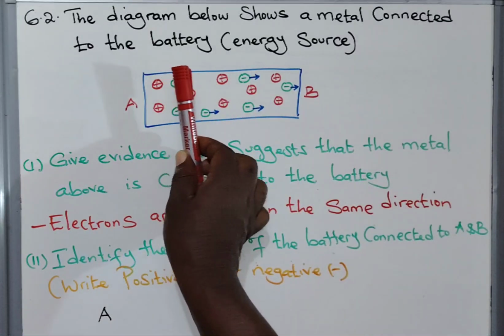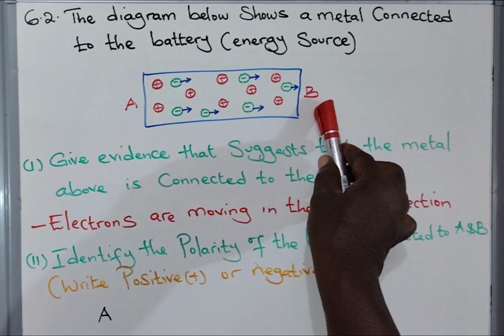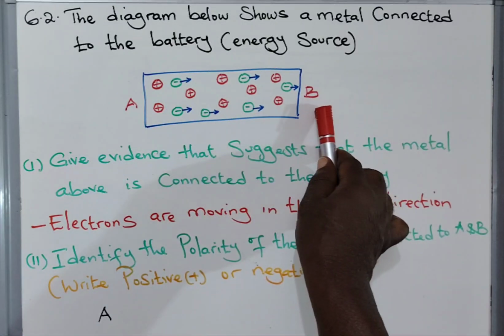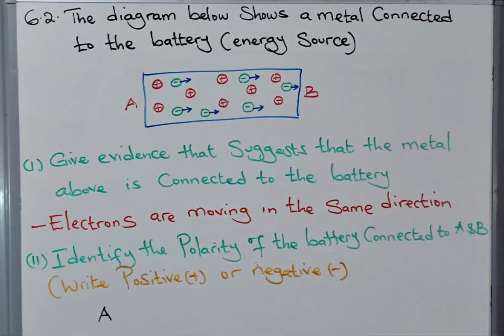We are seeing that electrons are moving towards B, and electrons are negatively charged. And the principle is that negative moves to positive and positive moves to negative. That's a law of electrostatics. So if electrons are moving towards B and the electrons are negatively charged, what polarity is B? The answer is that B is positive.